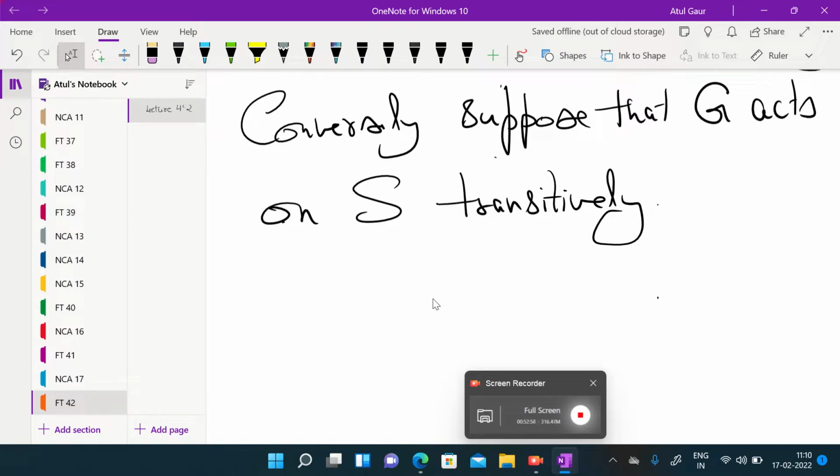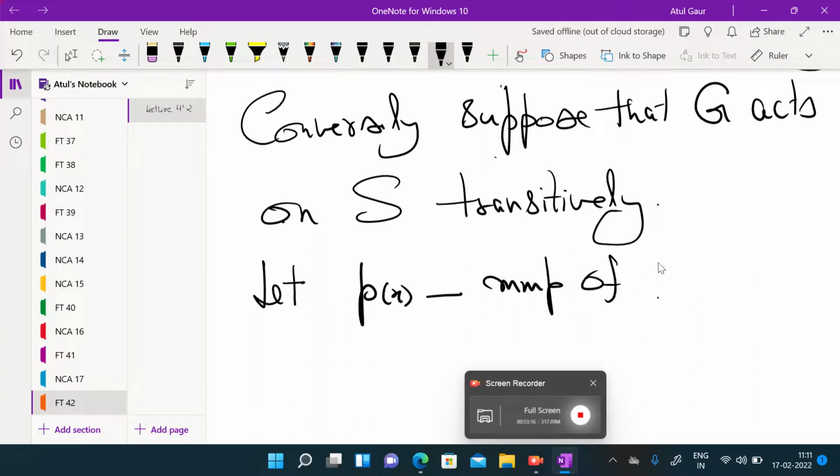So now what do I want? I want to prove the irreducibility of f(x). All right. So what do you do? Let's say p(x) be the minimal polynomial of alpha_1 over K.